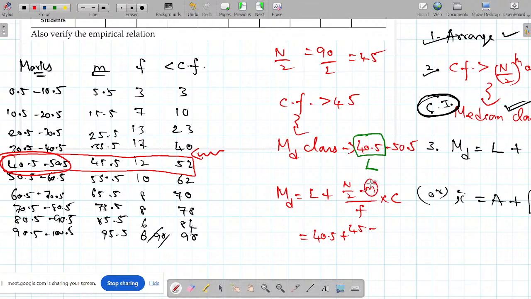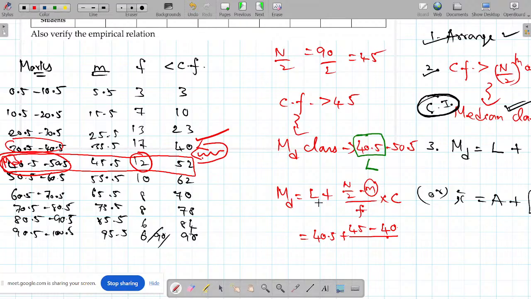What is n by 2? What is m? Cumulative frequency preceding the median class. This is the median class, so the preceding one is this, and the cumulative frequency corresponding to this is 40. Divided by f, which is the class frequency.